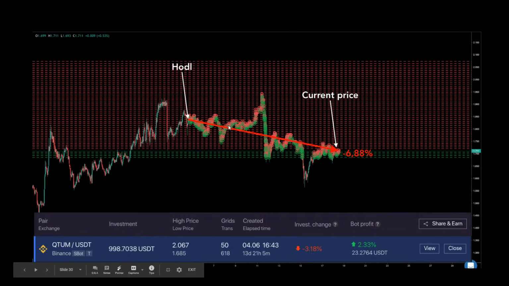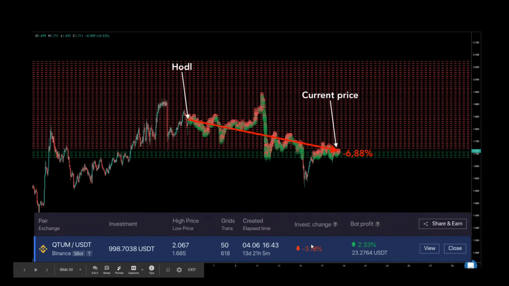Because during this downfall, the bot managed to find these minor trade opportunities to buy low and sell high. You see this marginal effect, and this results in +2% in bot profit, and this profit is used to offset the -6.88%, and that's why it's only -3%, because the bot profit is already priced in the investment change.